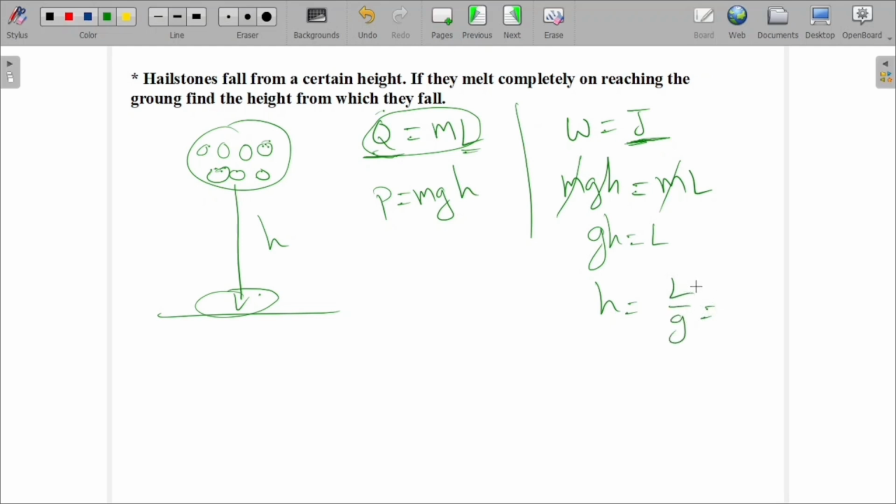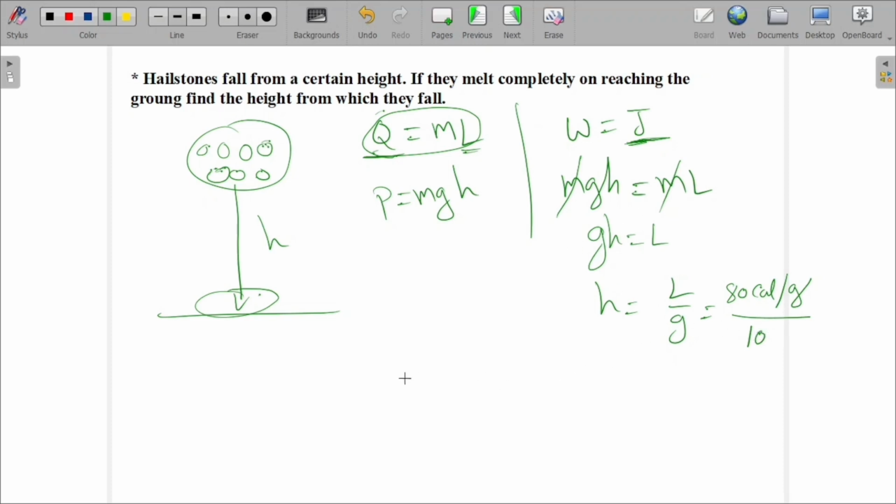So what is this latent heat? It is 80 calorie per gram. L will be a fixed value, you can remember it, 80 calorie per gram, divided by g, whose value let's take as 10. Clear?